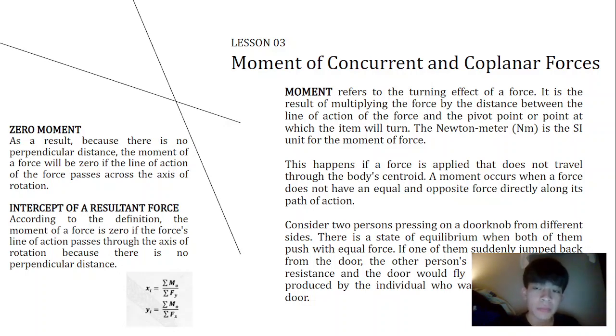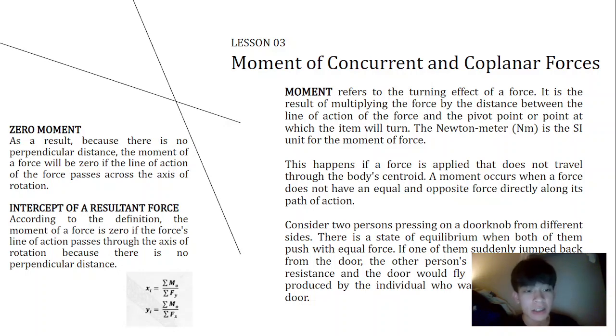So, yun yung moment na pag meron daw dalawang tao na nagpe-press sa doorknob from different sides, sa magkabilang sides, halimbawa nasa labas yung isa, tapos yung isa nasa loob. So, magkakaroon ng equilibrium pag pareho silang nag-push ng merong equal force.